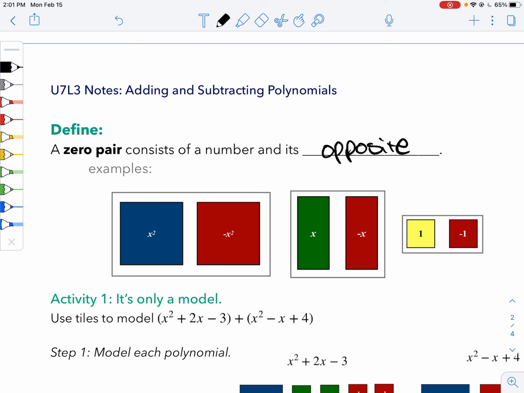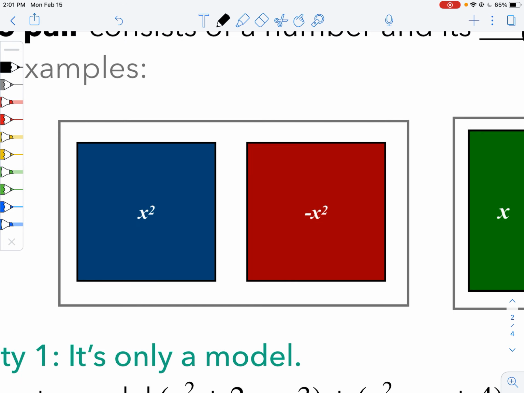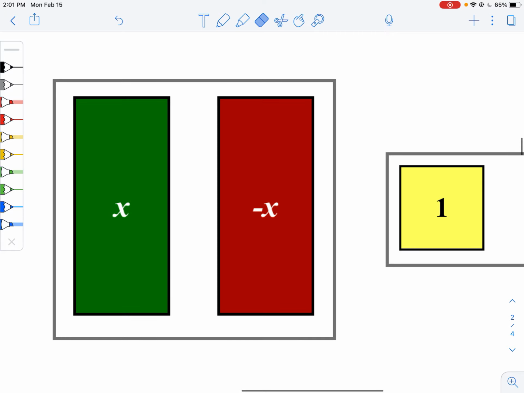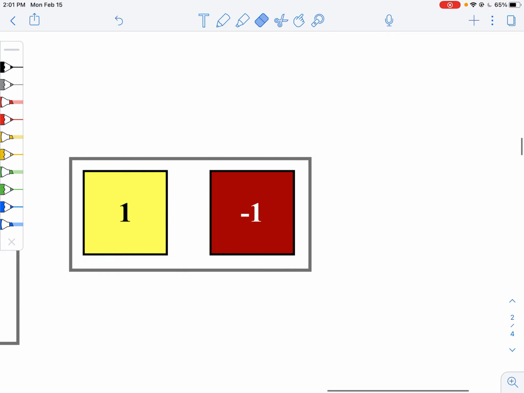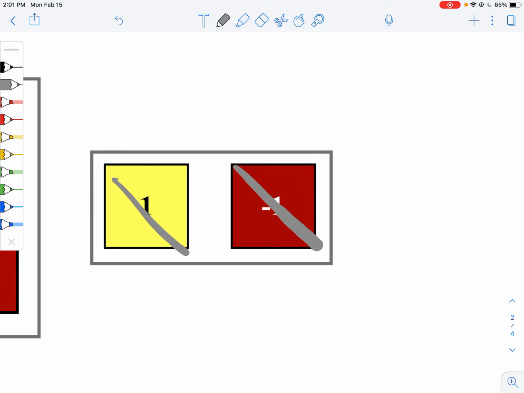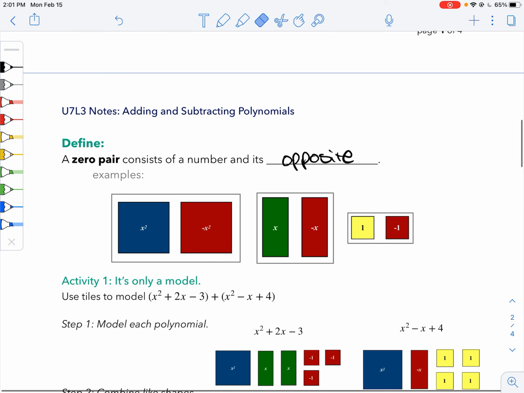If you were to add them up, they would cancel out to 0. Like 1x squared minus x squared cancels out to 0, or x minus x cancels out to 0, or 1 minus 1 cancels out to 0. That's what I mean by a zero pair: two numbers that cancel out to 0.